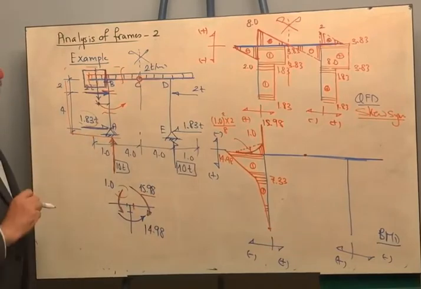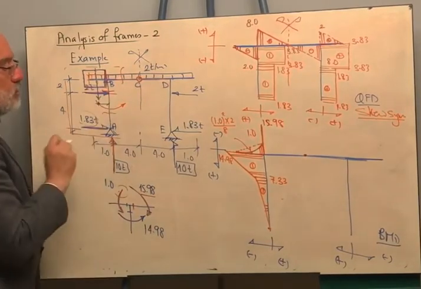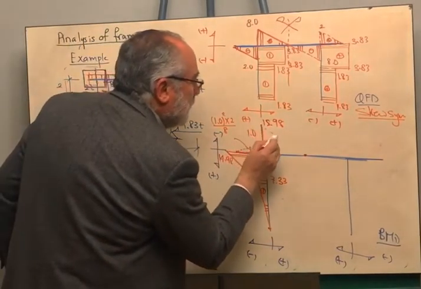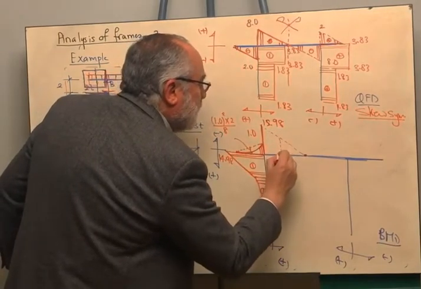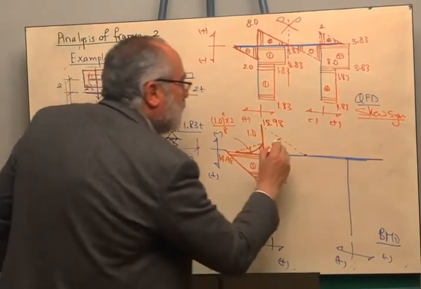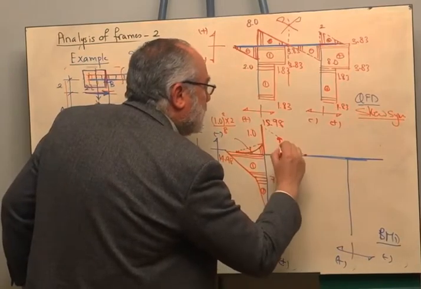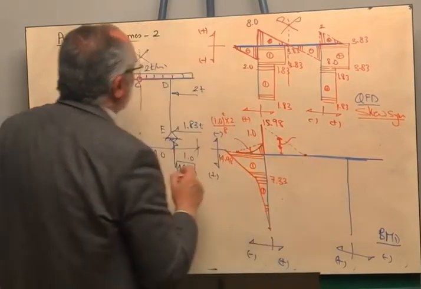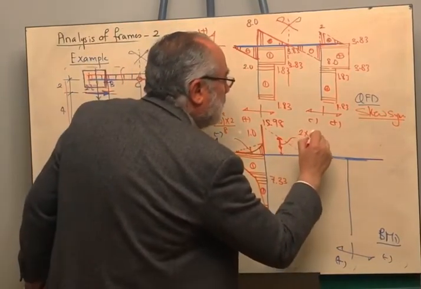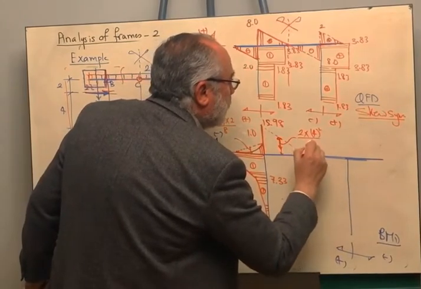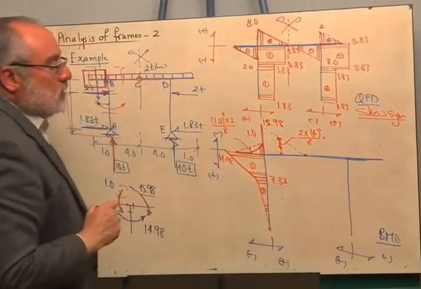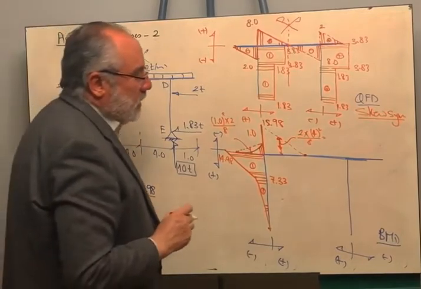Now I want to connect these 2, but we have a distributed load, so I'm going to connect these 2 like this. This value is almost 8, but I want to go down a value of 2 multiplied by 4 squared over 8, which is how much? This is 16 over 8, then this is 4.